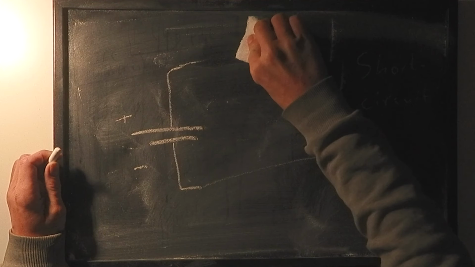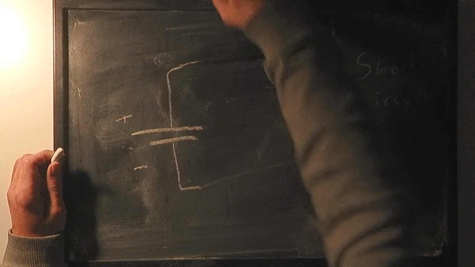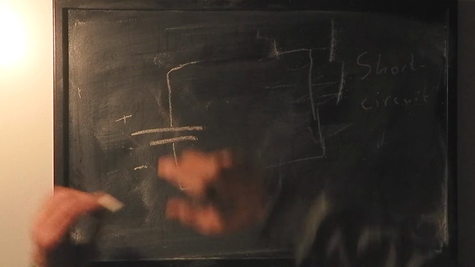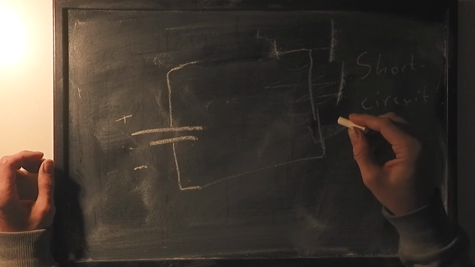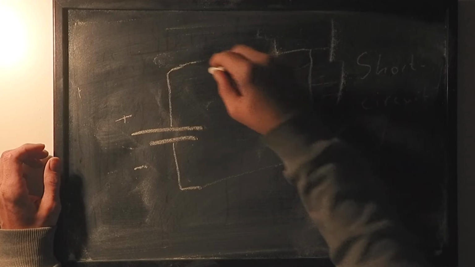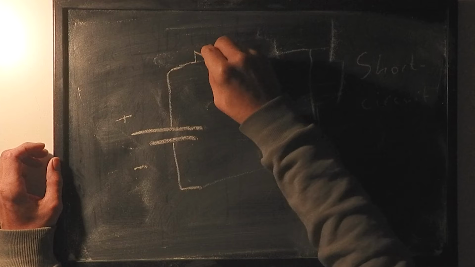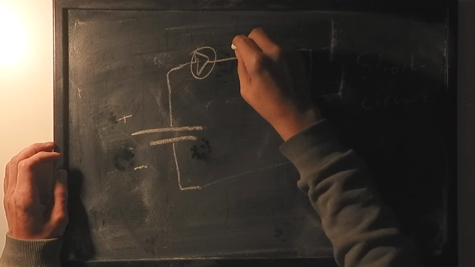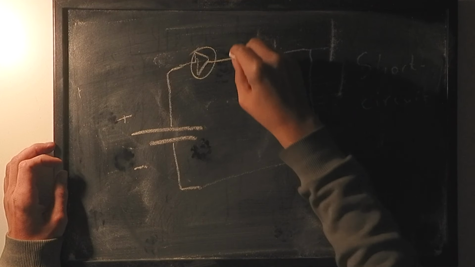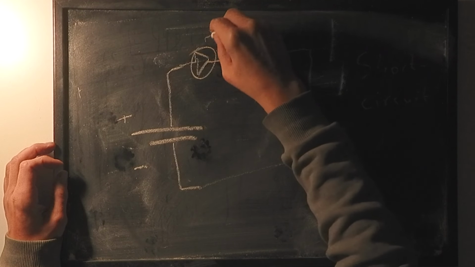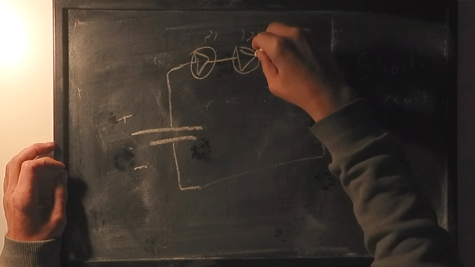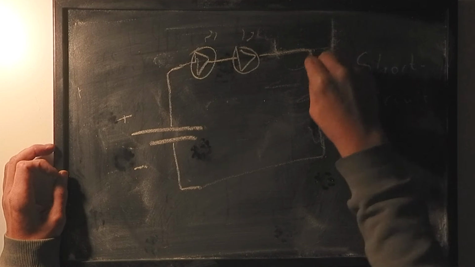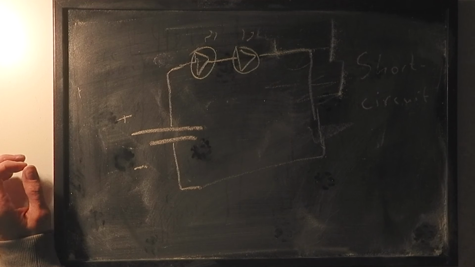And when you connect things, there are basically two ways you can do it. If we have, let's say, two of these lamps, these LEDs, and we connect them like this, this is called a serial connection.